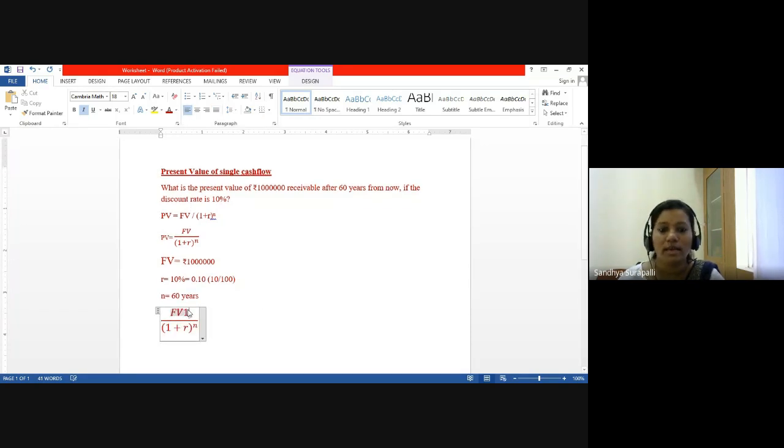Future value take as 1 million. R is 0.1 and N is 60.